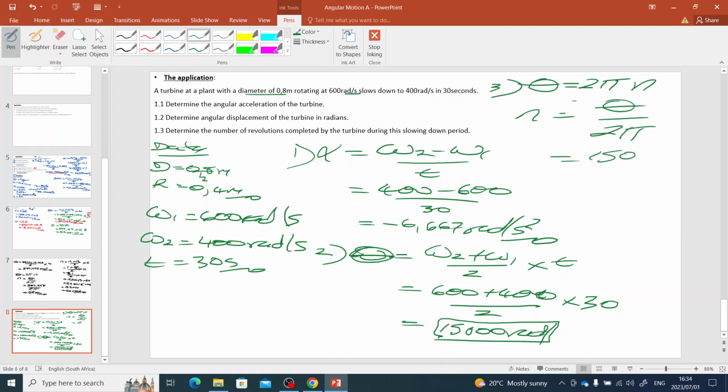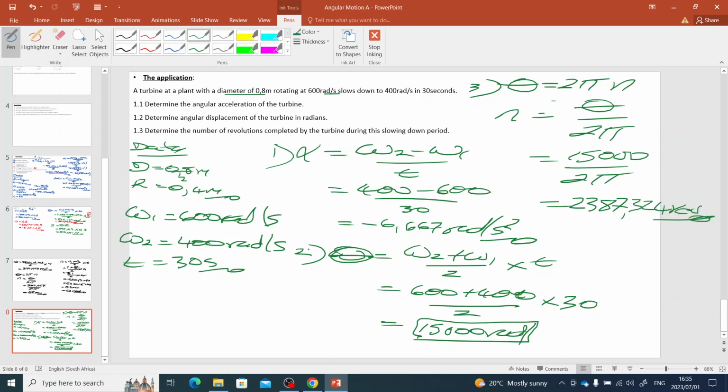Then it is 15,000 divided by 2 pi. Then our answer would be 2,387.324 rev. Boom. This is how you tackle these questions, good people.